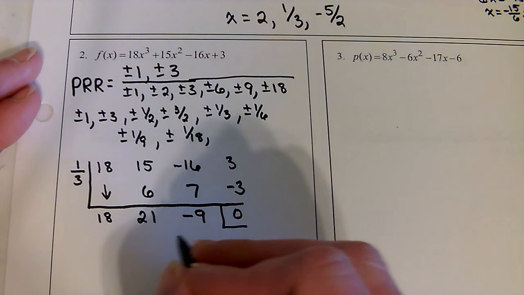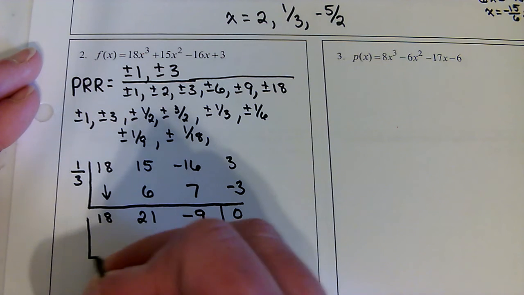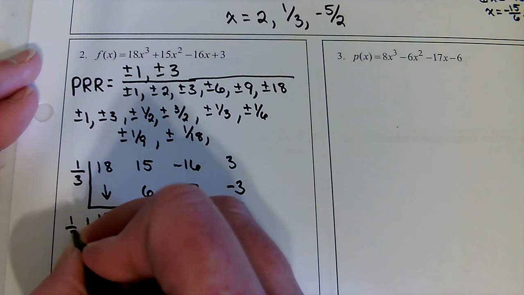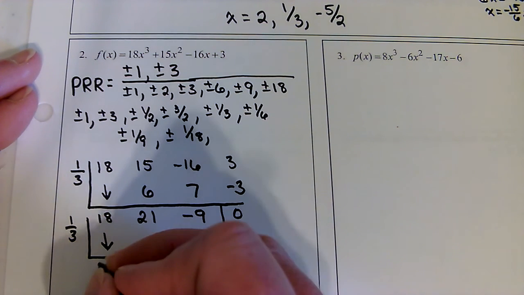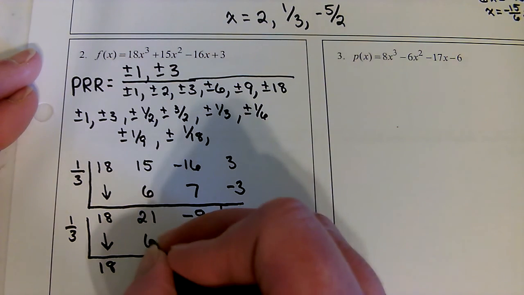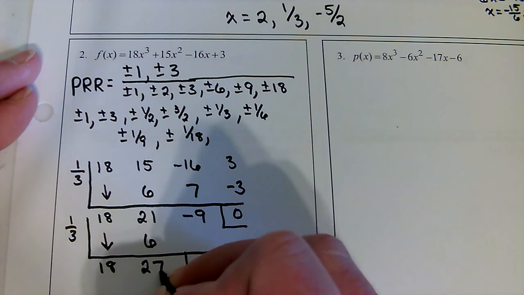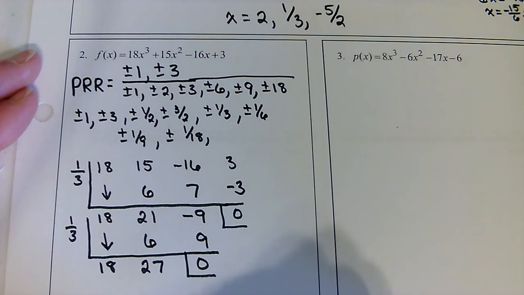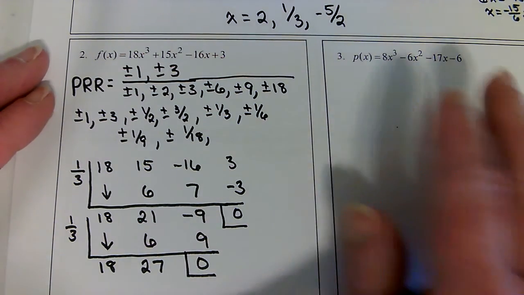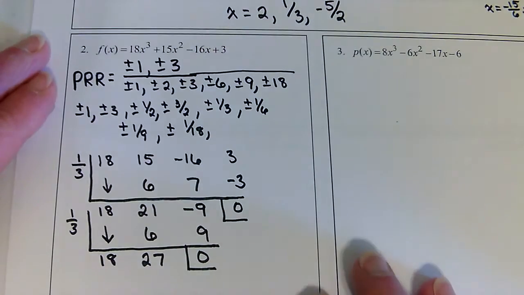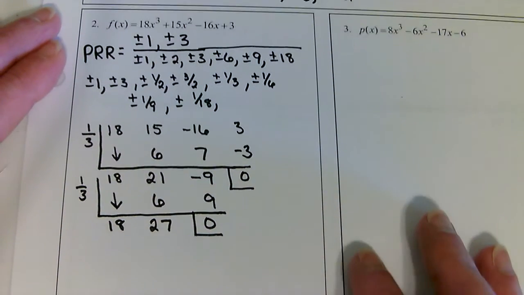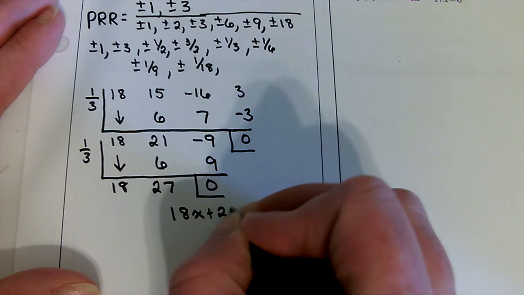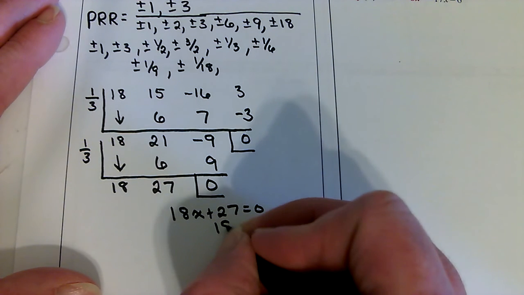Now I'm going to show you a nice trick. Instead of rewriting this, I'm just going to divide into what's left. So I'm going to do 1/3 again. A third of 18 is 6. Add down. A third of 27 is 9. And it was that multiplicity of 2, which is awesome. And I'm left with a linear factor, 18x plus 27.